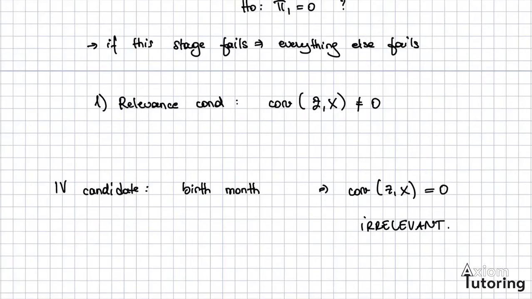The thing is, statistical significance, however, is not enough, okay? In practice, you check pi1 in the first stage regression, but statistical significance alone is not enough. A coefficient can be statistically significant, but economically tiny.